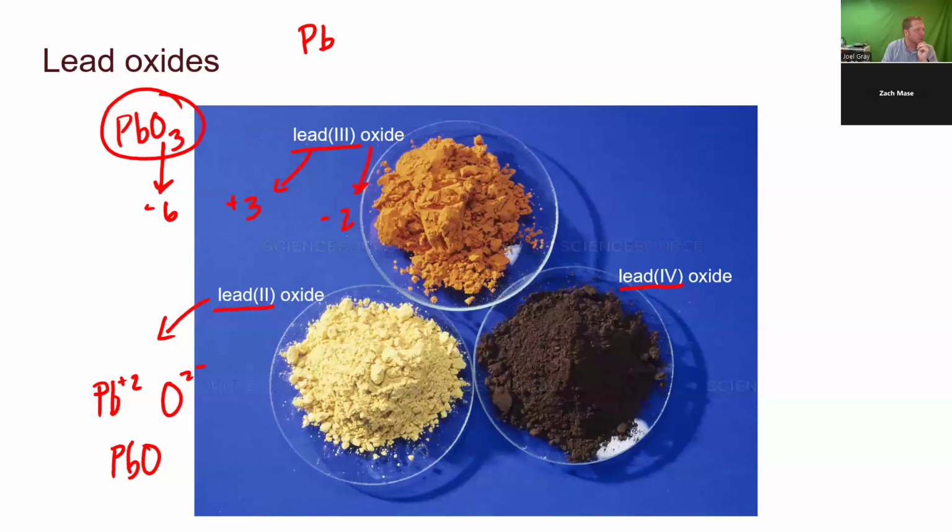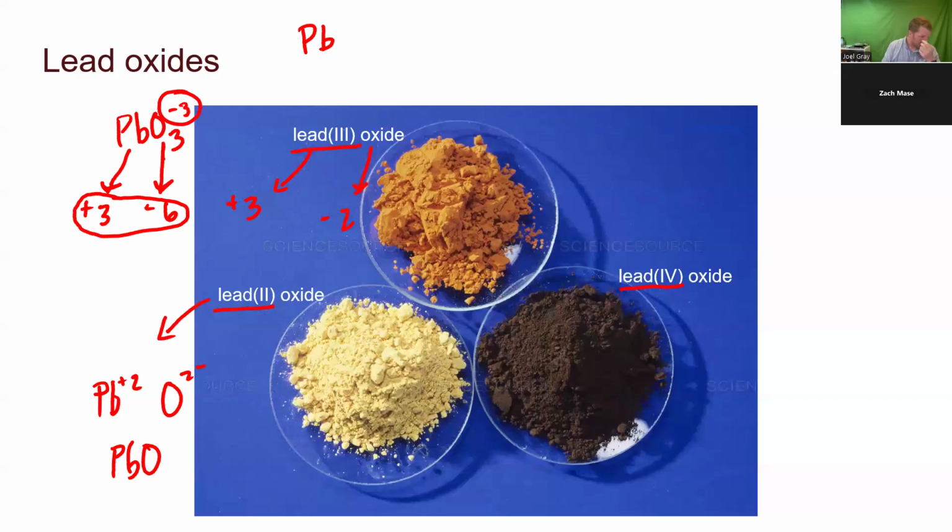Exactly, it's -6. And what's the charge on lead(III)? +3. So if you have one ion with a +3 charge and these oxide ions with a -2 charge, what's the overall remainder charge on this molecule? You got a +3 and a -6, so -3.